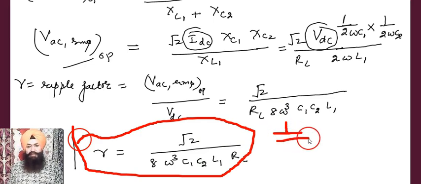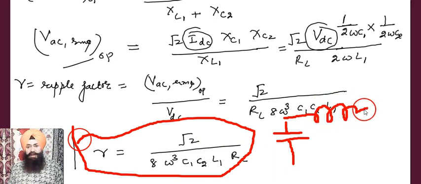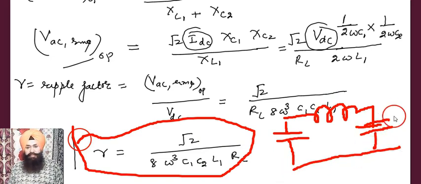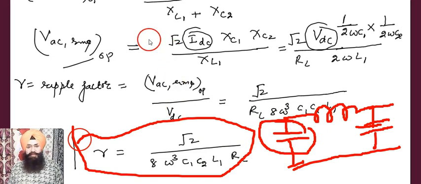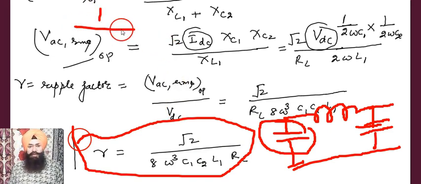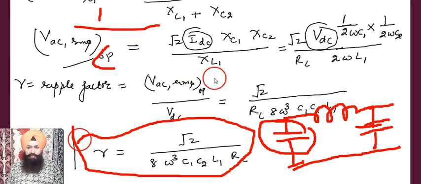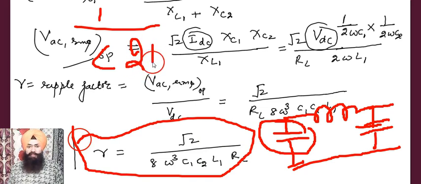The pi filter is first of all one capacitor, then a coil, meaning inductor, then another capacitor. You know that a capacitor always has a reactance, which is 1 over C omega, or 2 omega, because in our case it was 2 omega, meaning 2 pi f.